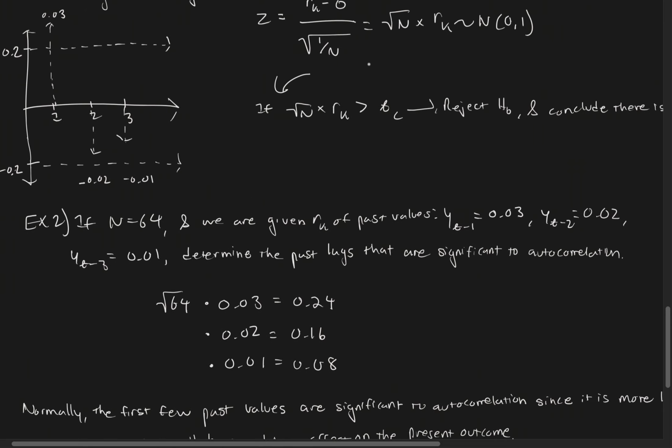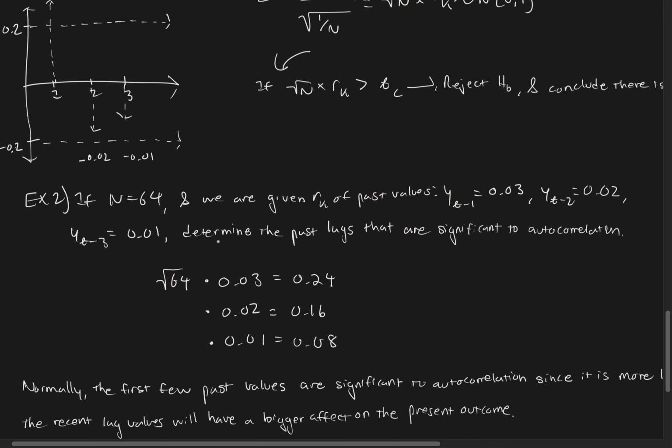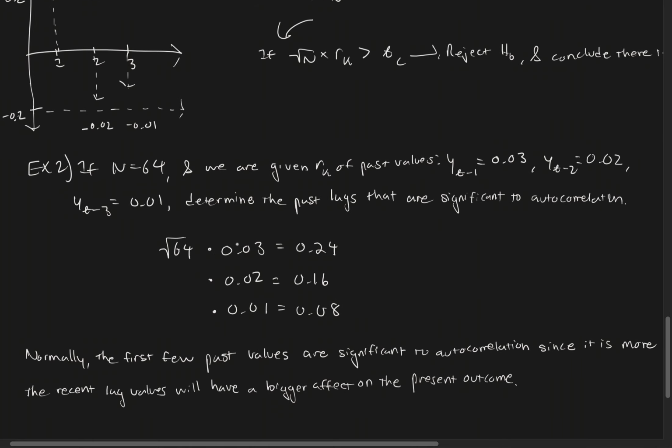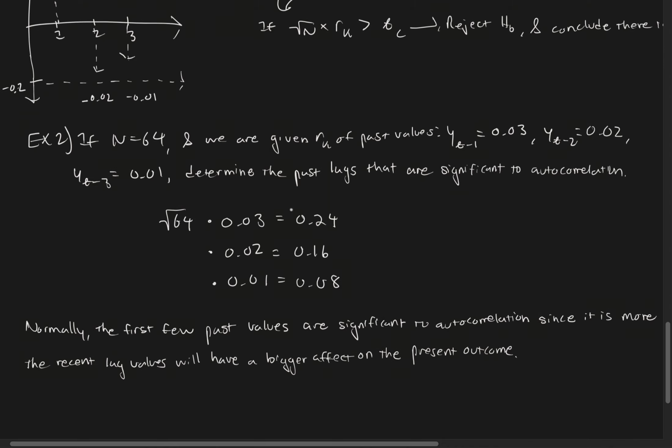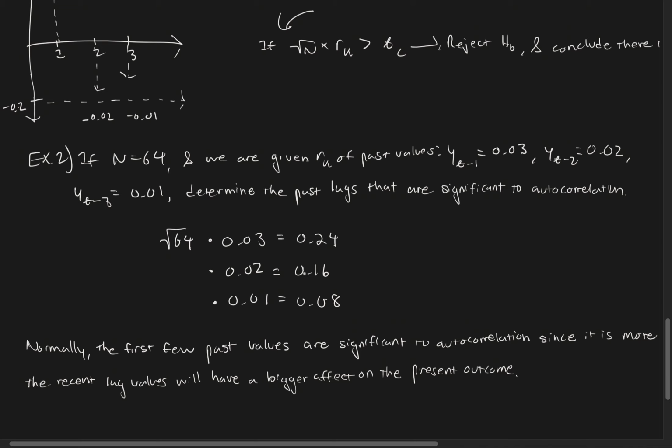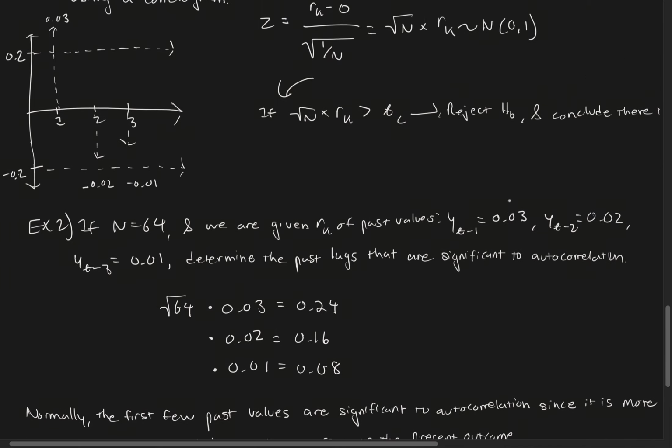Using this formula, we can square root this 64, which is an 8, and multiply by the correlation values we were given. This is my bad, this isn't our actual autocorrelation value, this is our R statistic or correlation statistic.